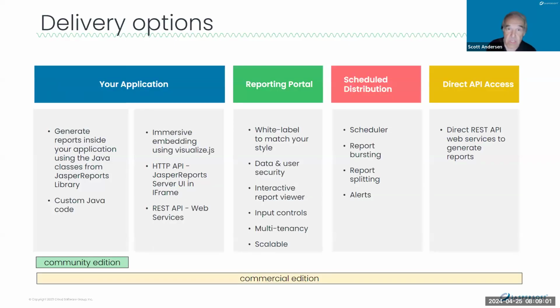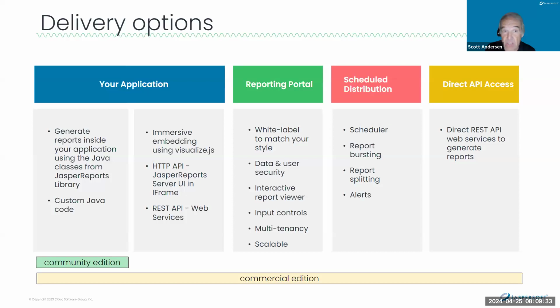With the Commercial Edition, a lot of that work has been done for you. In addition to using Java code, you have the option of embedding in your application using a number of APIs. Our JavaScript API, Visualize.js, is available to you to embed reports and other visualizations in your applications using a few lines of JavaScript, harnessing the power we have built into our two delivery applications, Jaspersoft Server and Jaspersoft I/O.